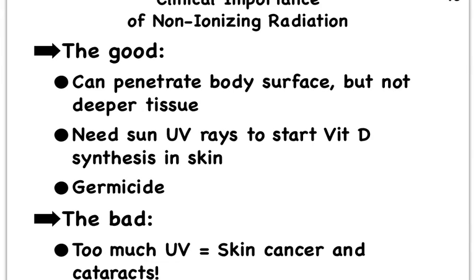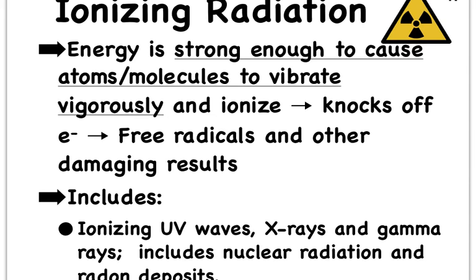Non-ionizing radiation can typically not penetrate body surfaces, again because these particles are just not vibrating all that much. It's a different story with ionizing radiation, because now the energy from the radiation is strong enough to create an intense vibration in the particles to where they do lose their electrons.